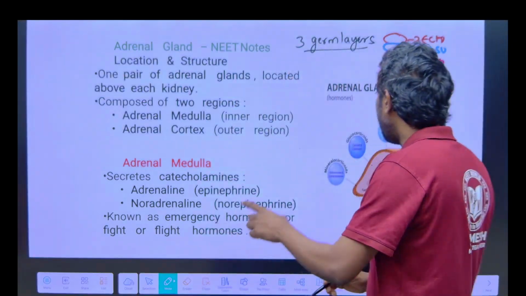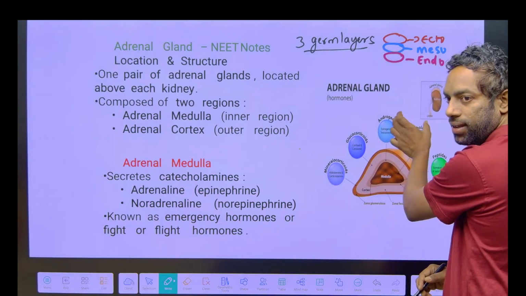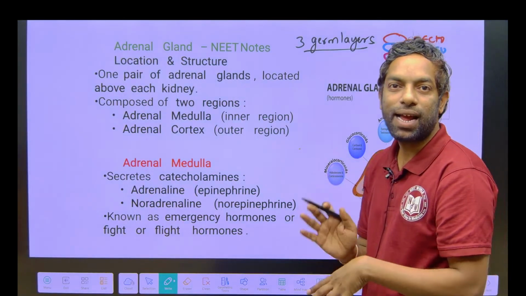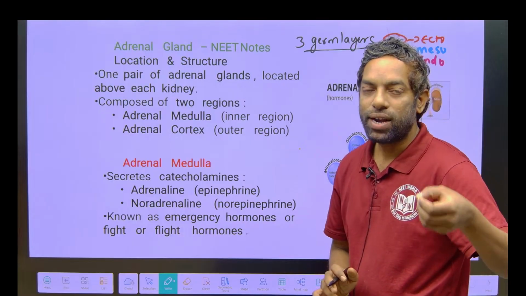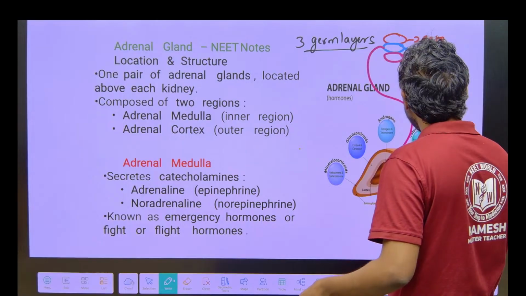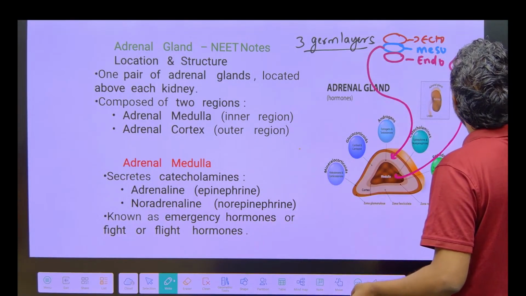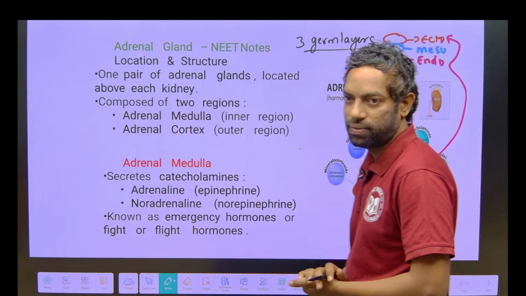The adrenal gland is located at the kidney, and it has a cortex region and a medullary region. The cortex region is produced from the mesodermal origin, and the medullary region is produced from the ectodermal origin.